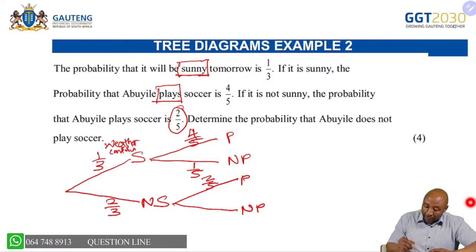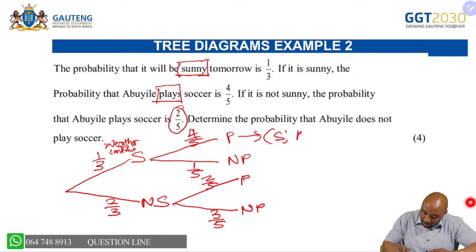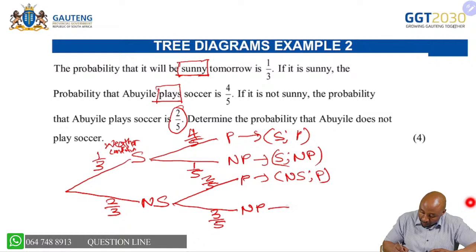Meaning, if it is not sunny, the probability of not playing becomes 3/5. Our outcomes are: sunny and play, sunny and not play, then not sunny and play, and not sunny and not play.